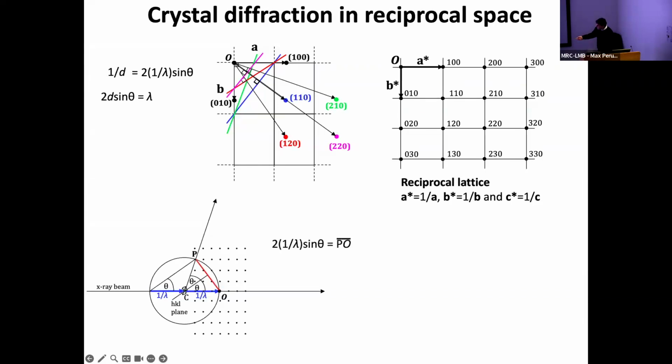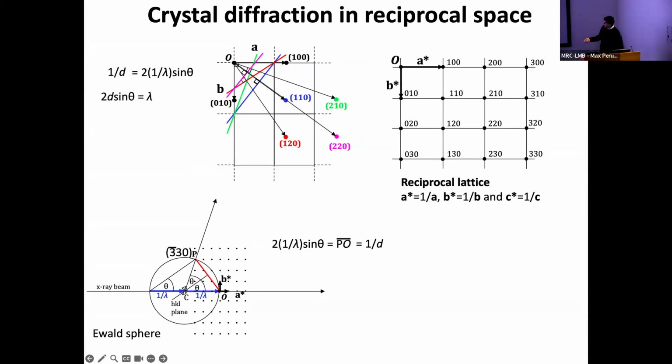But we know that OP, the distance between the origin and each of these points, is 1 over d. This distance is 1 over d in each family. Now if you rearrange this equation, this is nothing but our Bragg equation, rearranged. We move the lambda to this side and d to this side.